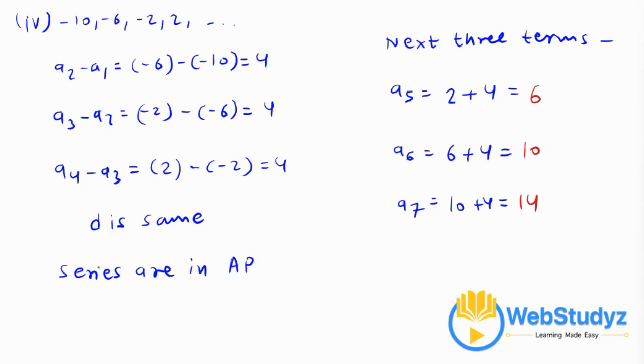So move on to the fifth series. The fifth series is 3, 3 plus root 2, 3 plus 2 root 2, 3 plus 3 root 2.